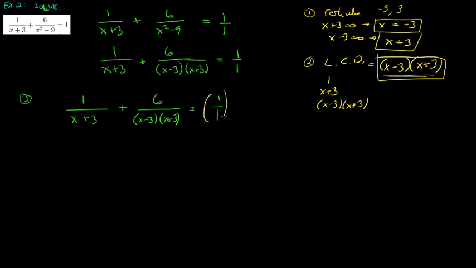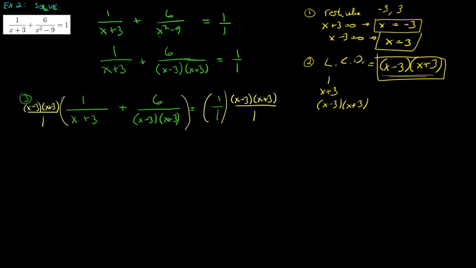We're doing left and right. So, oops, didn't mean to cross out the x here. Left, we're going to multiply by x minus 3 times x plus 3. And on the right, we multiply by the same thing, x minus 3 times x plus 3, over 1. Right, we're not multiplying the denominator by the same thing. We're just multiplying left and right by the same thing, the LCD.